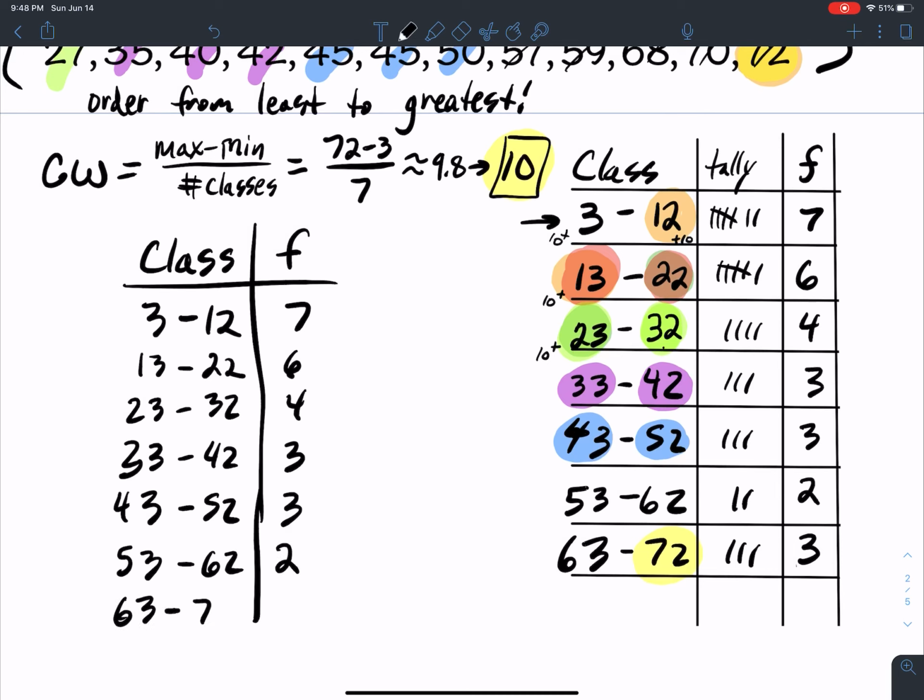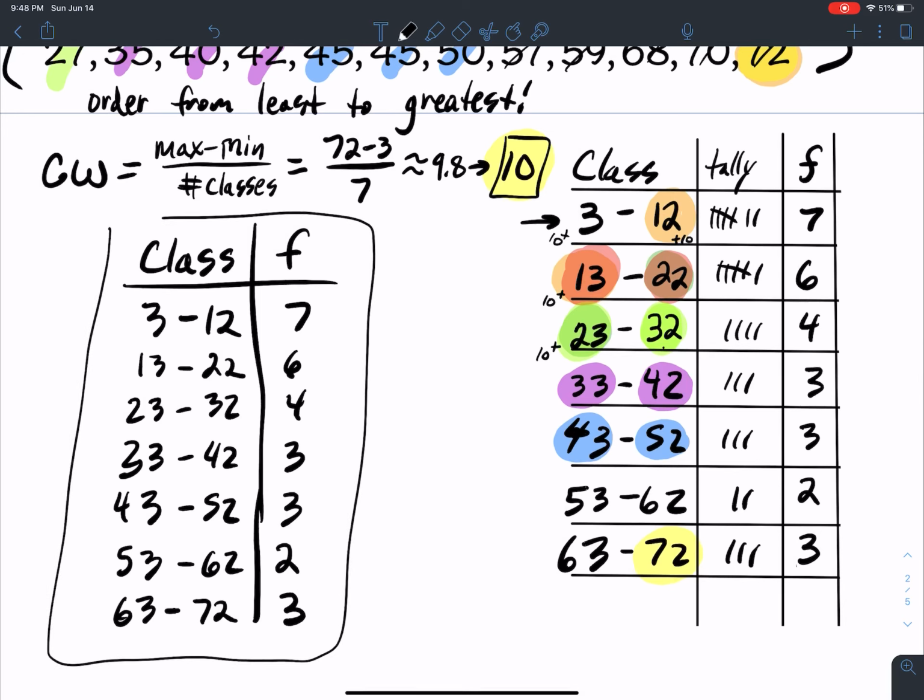And 63 to 72 has 3. And so this is my first frequency distribution.